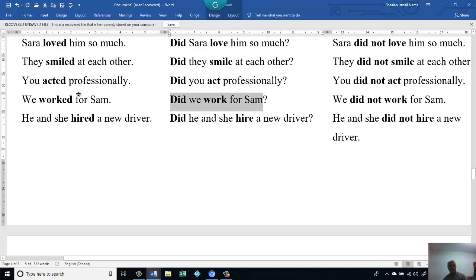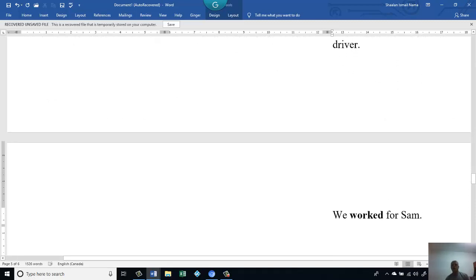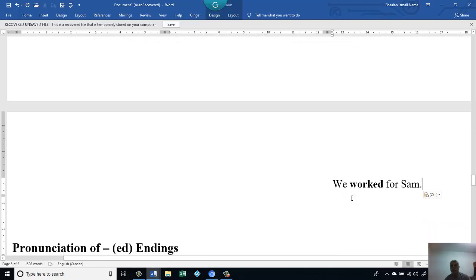The other is if we make it negative. If I want to make this sentence negative, first step, how am I going to make it? I have to search, do I have an auxiliary verb? No, I don't have it.